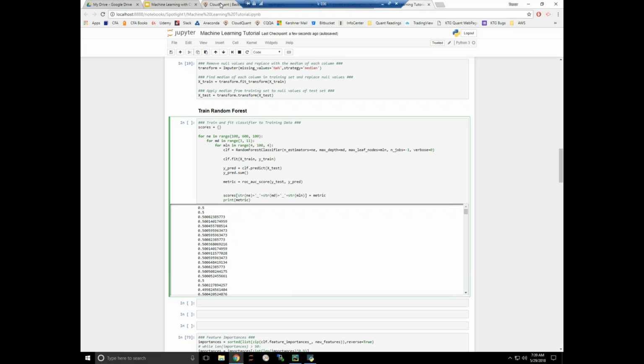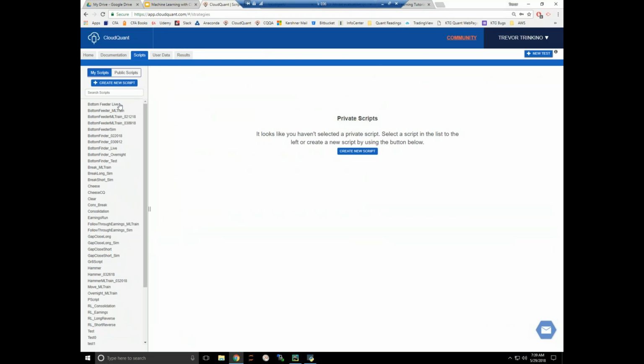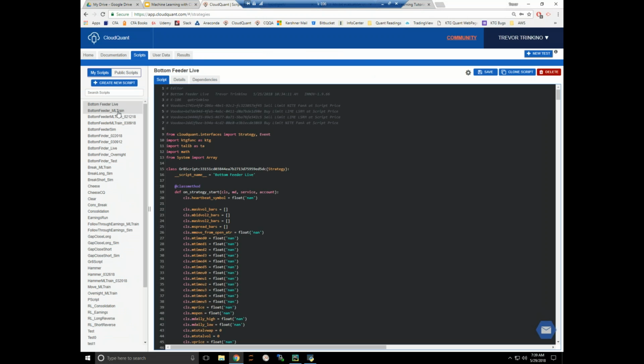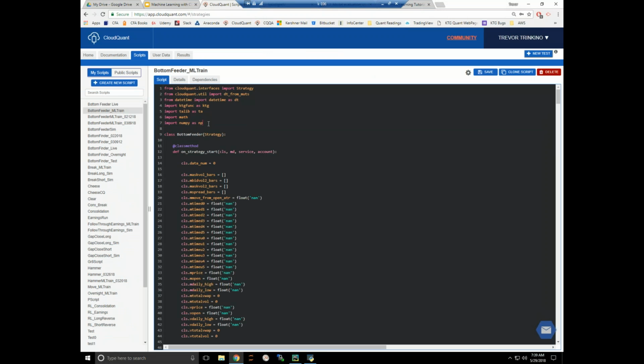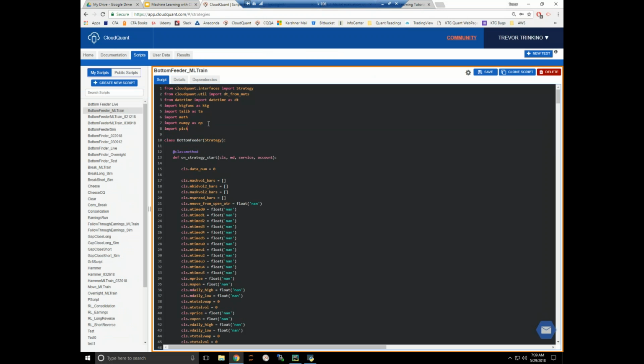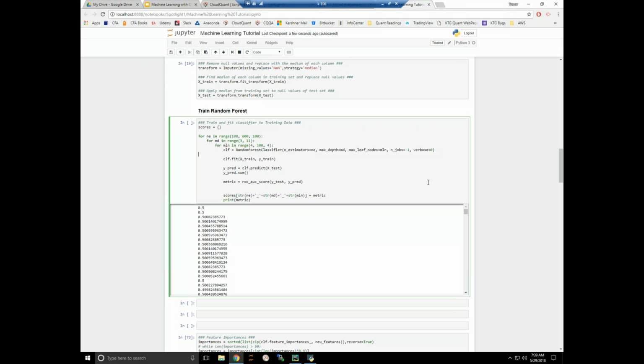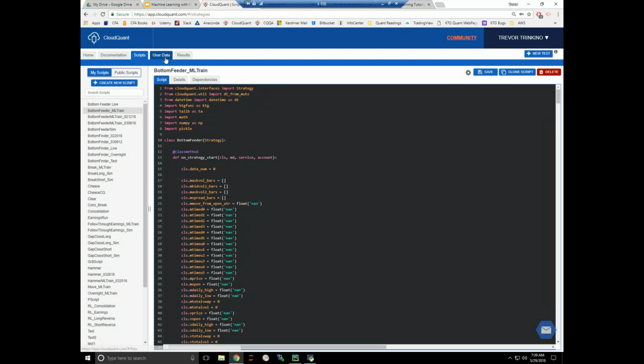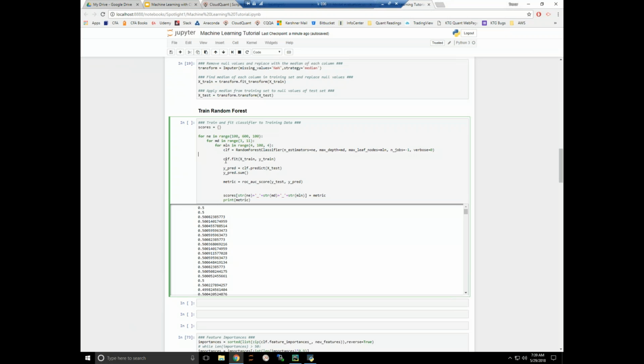Then in Cloud Quant, it's pretty easy: if we just import pickle, we are able to upload that pickle file, which has the entire model and all of the rules saved within it. We would upload that pickle to our user data here, and then we can read it in as a file and reload this CLF object.